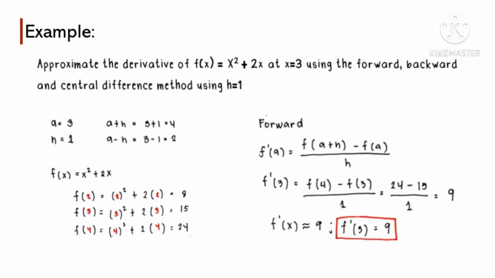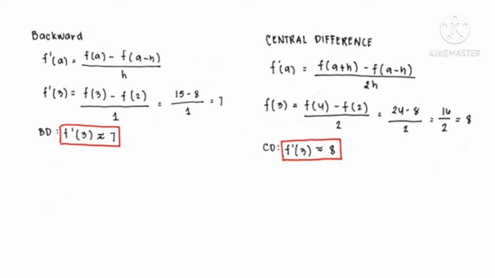So f of 4, 24 minus 15 for f of 3 equals 9. Over step size 1, still we got 9. So forward difference is 9.